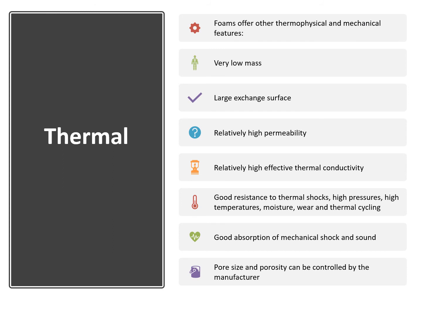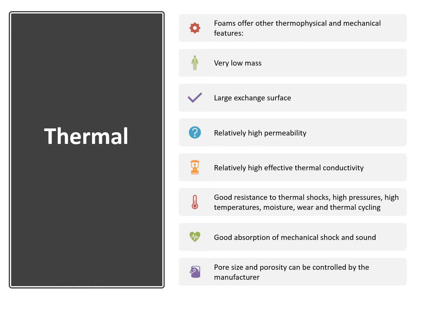Thermal applications. Foams offer other thermophysical and mechanical features, such as very low mass, as their density is between 5 to 25% of the bulk solid, depending on the manufacturing method. They have a large exchange surface, which is between 250 and 10,000 meters squared. They have relatively high permeability and relatively high effective thermal conductivities.